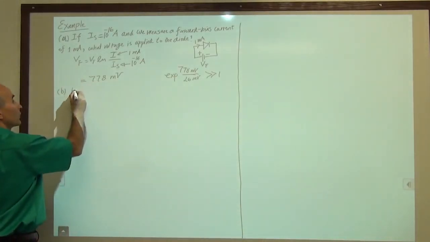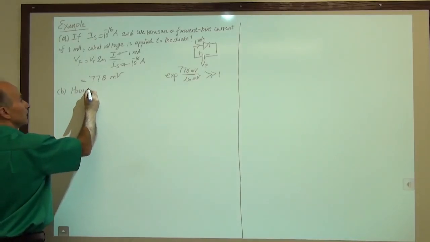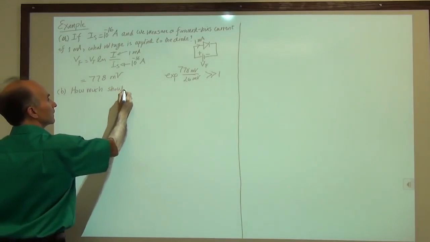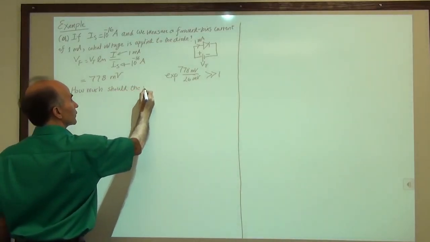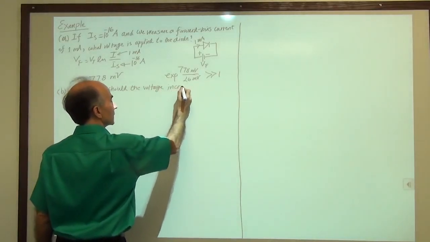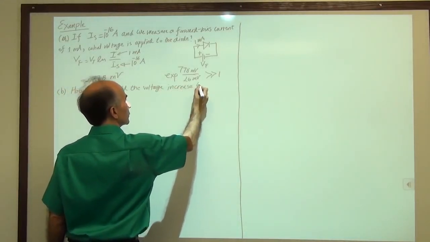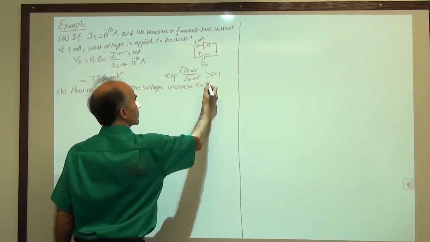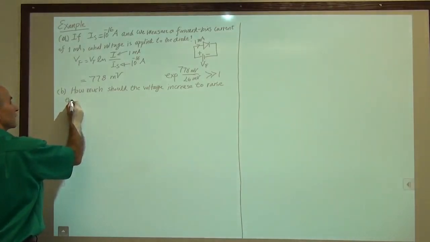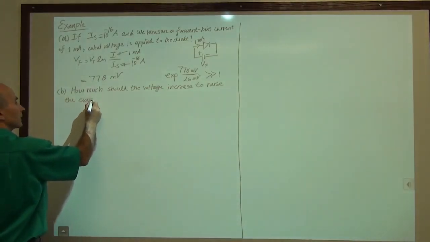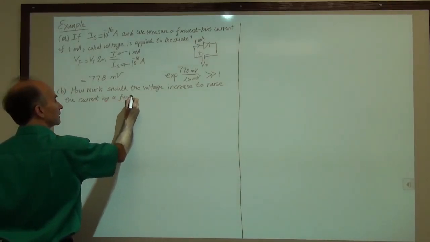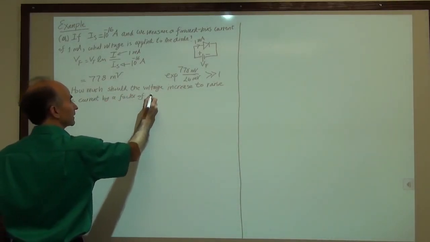So, how much should the voltage increase to raise the current by a factor of 10?